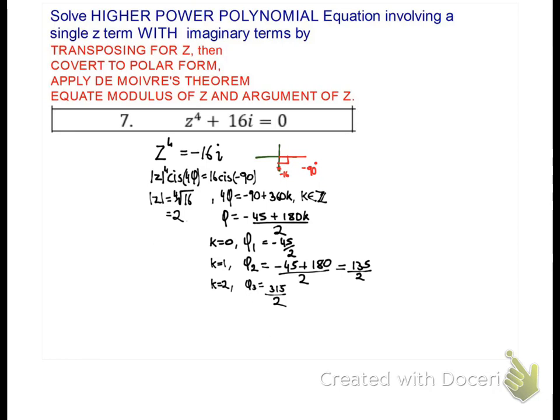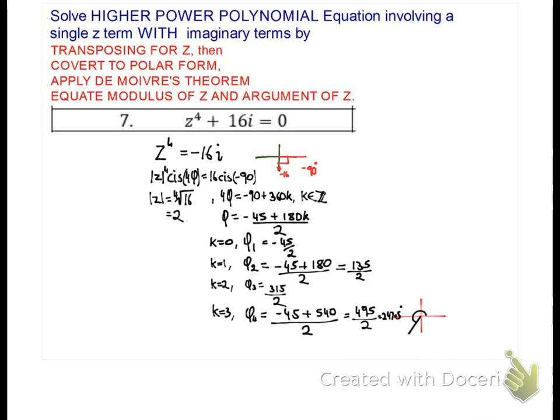Now, the next one, k equals 3, is going to start to give us a pretty large angle. It's negative 45 plus 540 degrees divided by 2. So it seems like we're getting degrees heading outside the first revolution of our unit circle. But when we halve it, of course, it is not too big, 247.5 degrees, which is down here in this third quadrant.